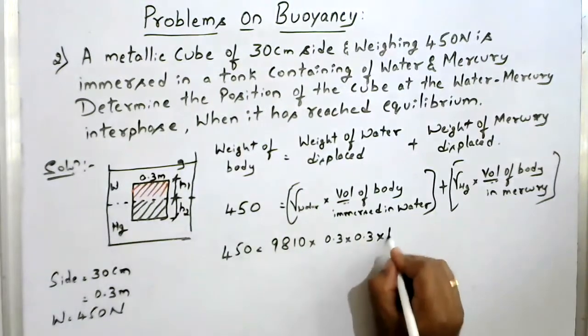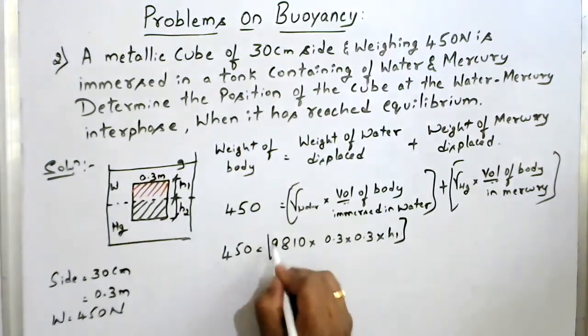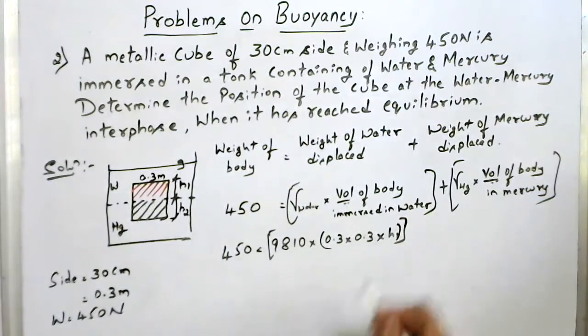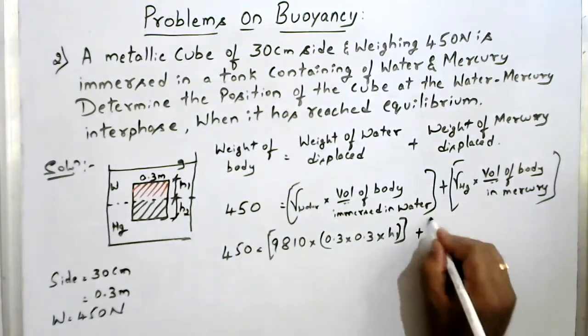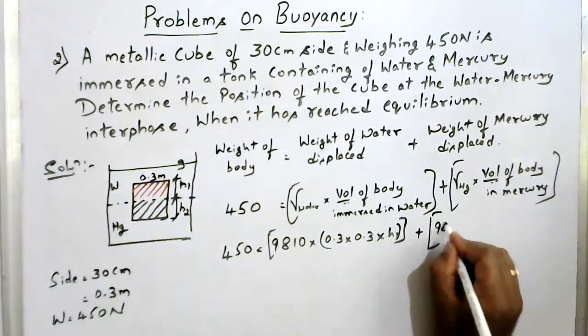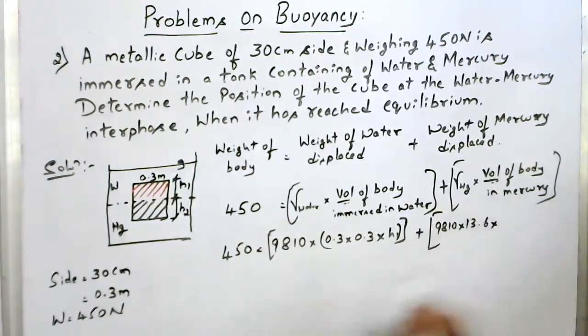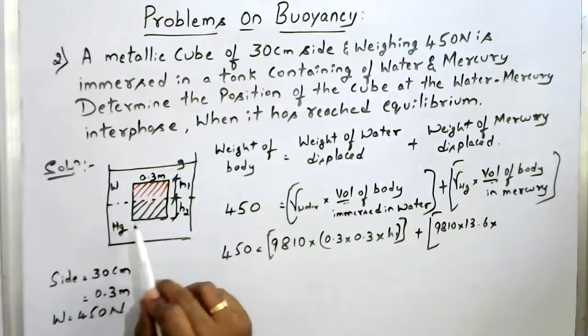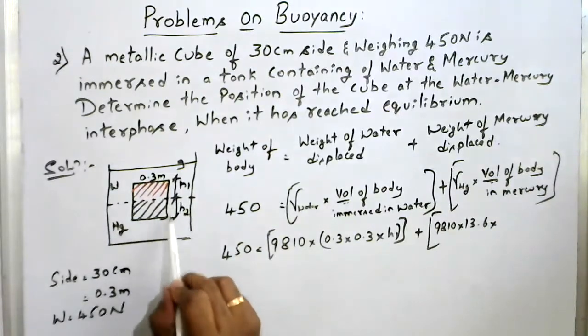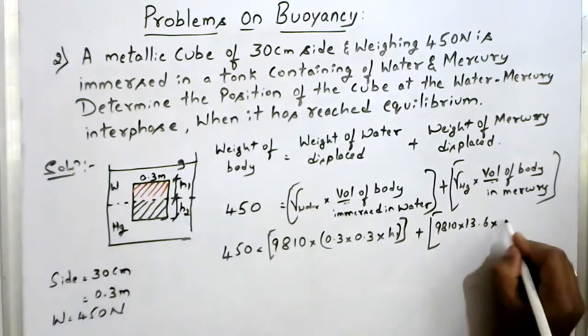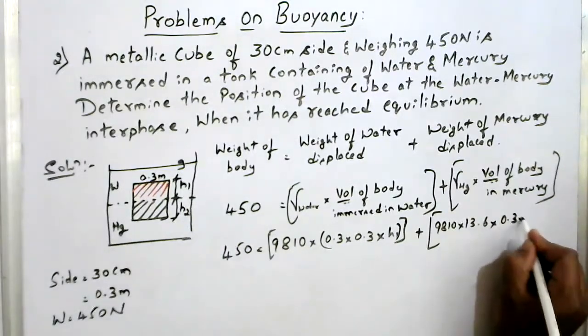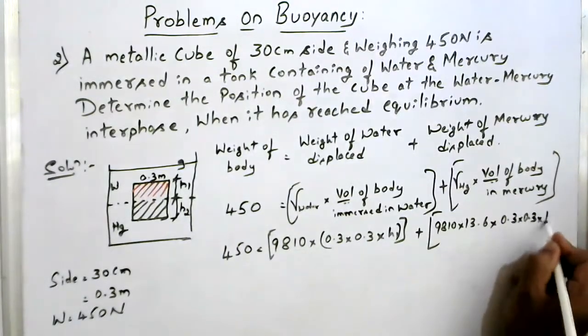It is H1. That is the volume. Plus the density of mercury, 9810 into 13.6, into the volume of the body in mercury, which is what? 0.3 into 0.3, that is the area of the cube, multiplied by the depth, that is H2. It becomes 0.3 into 0.3 into H2.